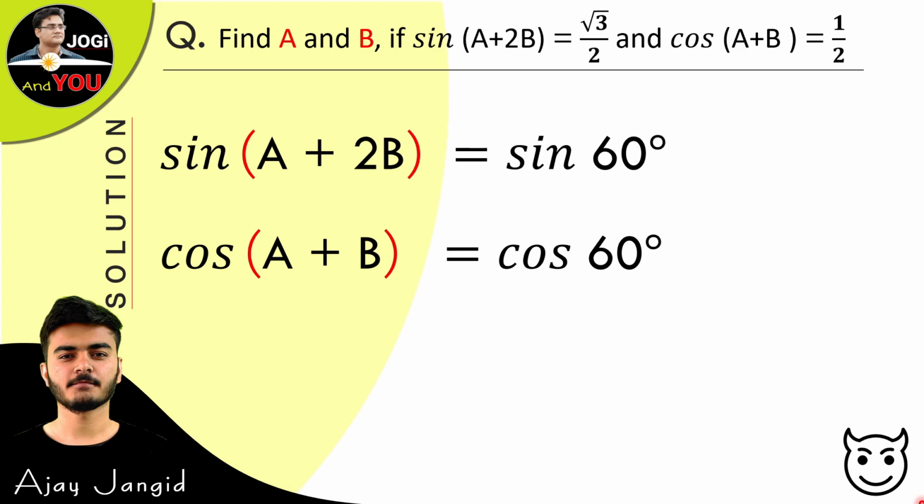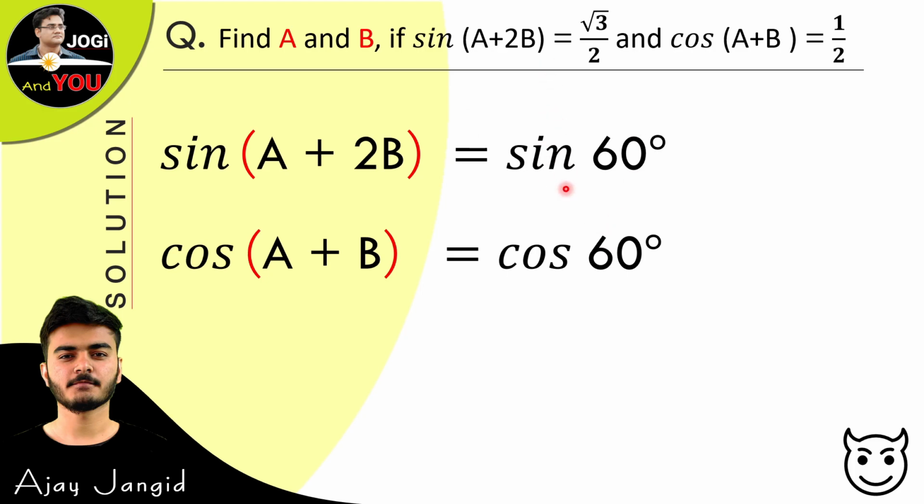So we have sin(A + 2B) is equal to sin 60 degrees and cos(A + B) is equal to cos 60 degrees. In the first equation, if we compare both sides, we have sine of a bracket on the left, an equality sign in the middle, and sin 60 degrees on the right.